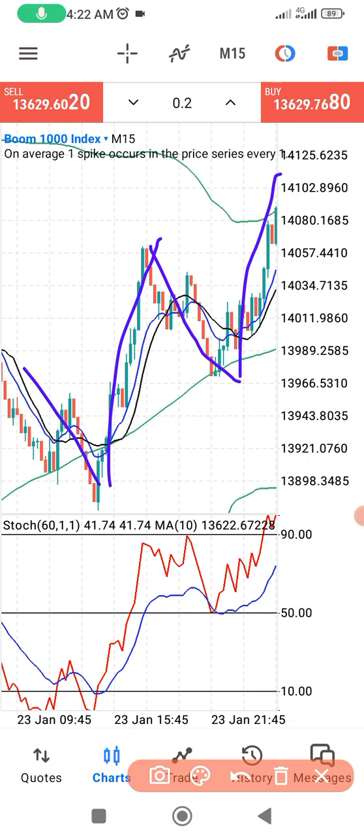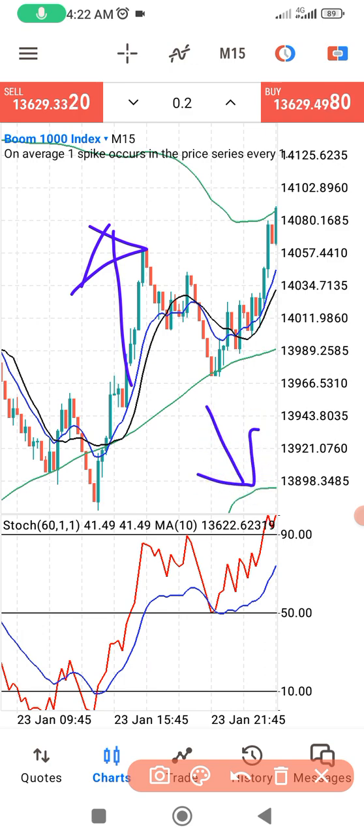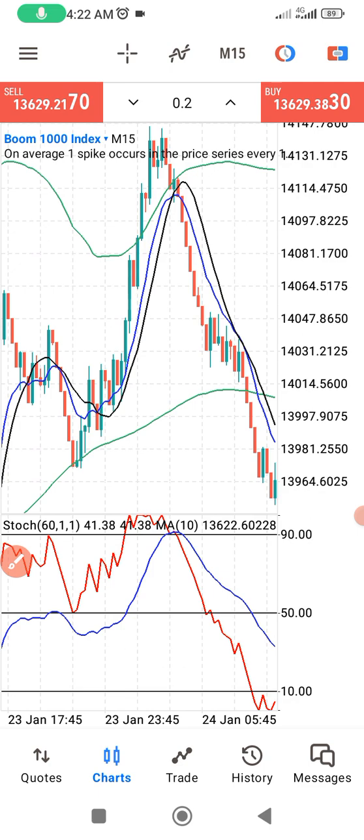Whenever price is above this middle band, it's an uptrend, and when price is below, it is a downtrend. Now we have established that.